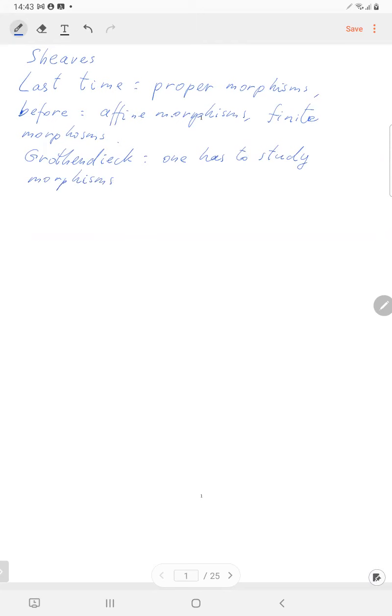So, well, there is a category of algebraic varieties, and certainly there are objects in this category, the algebraic varieties themselves, and also the morphisms between them. And the philosophical idea is that the morphisms are not less, but maybe even more important than the objects.